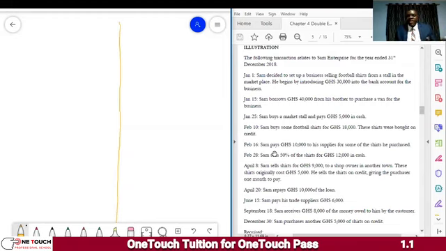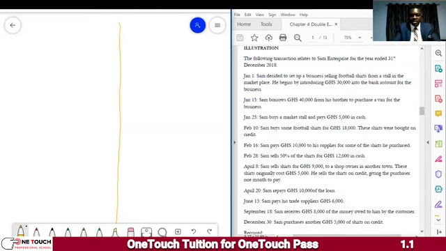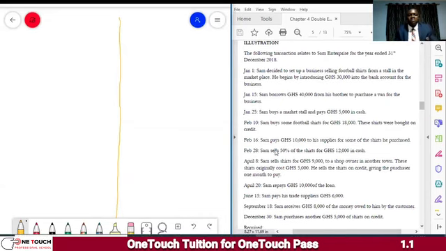Purchases. The kind of item that an entity trades in is termed as purchases. So whenever the entity buys the items that they trade in, we term it as purchases.